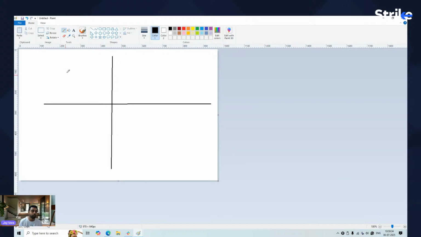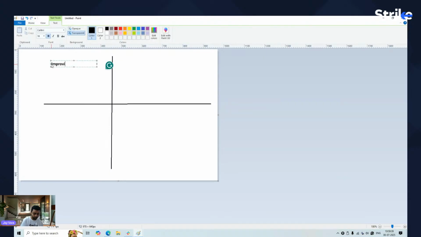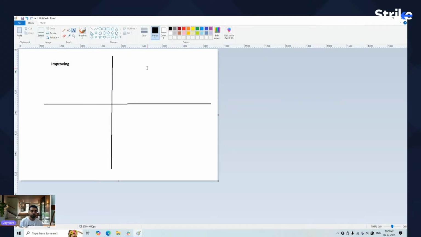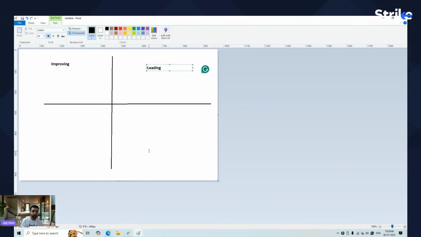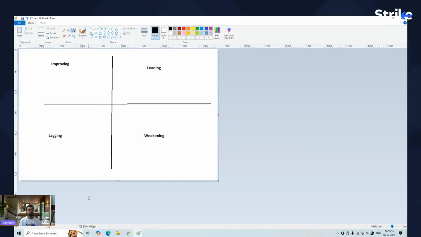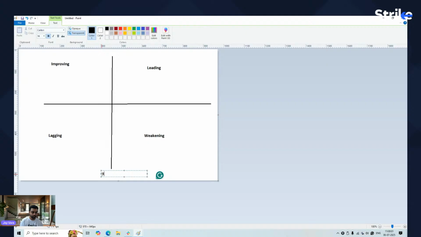So I'll mention over here: improving, leading, weakening, lagging, right? And as you know, this is RS ratio. Okay, and this is momentum.